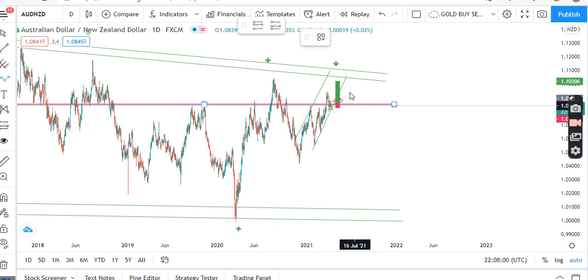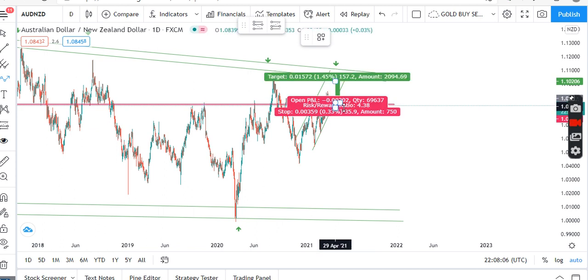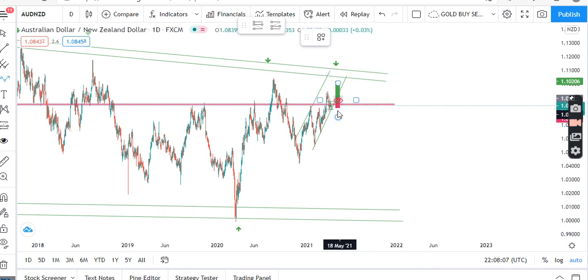So long term, what I'm expecting is price to break like this, and retest this broken area of value and then head down.